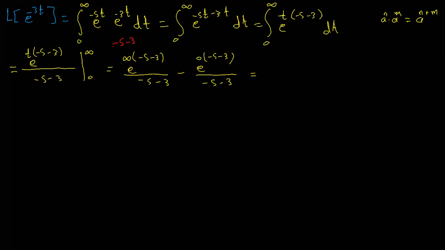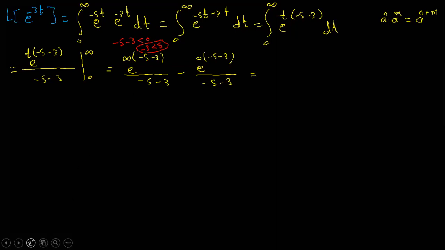But if you have e to the infinity, you will get infinity. And at that time, your integral diverges and there is no Laplace transform. So I need this one to be less than 0. Move s here, so negative 3 less than s. Your s must be greater than negative 3 to get a convergent integral.